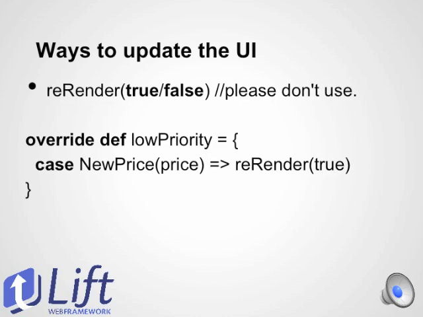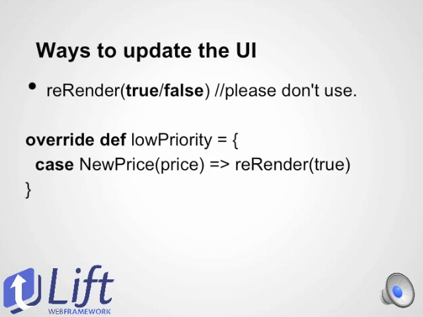First, let me say that we really encourage you not to use reRender, because calling reRender will most likely generate a huge amount of JavaScript that basically replaces the whole HTML that is covered within the Comet area.